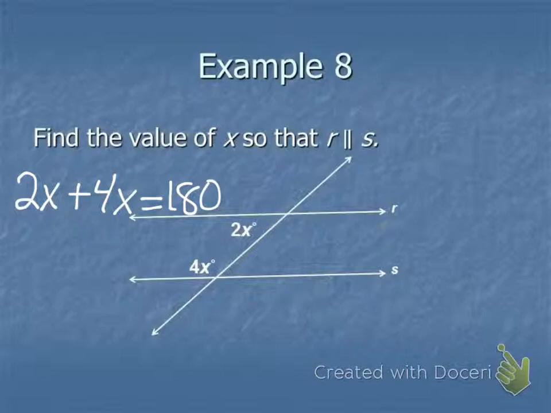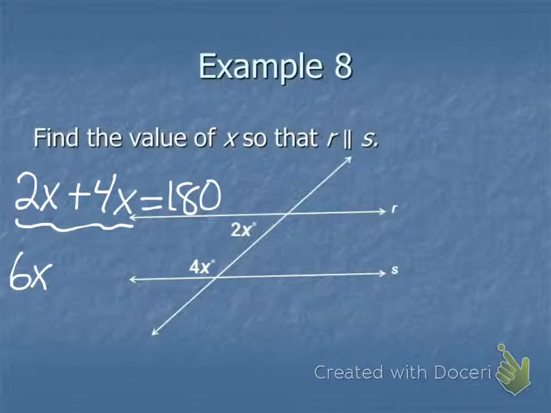So I have 2x plus 4x on the same side of the equal sign. So what do I make that? They're like terms. They're on the same side of the equal sign. Just add them. It's like 2 apples plus 4 apples. Well, that's 6 apples, okay?